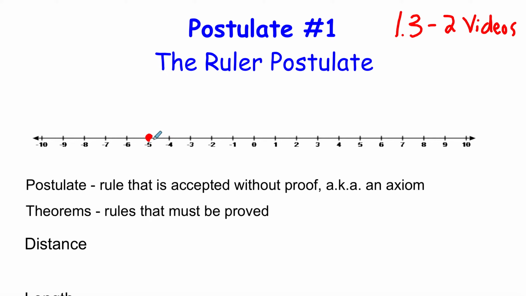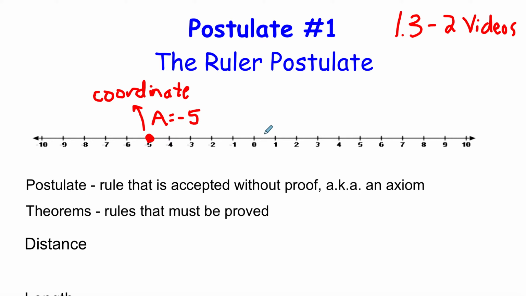I can put a point at a number, and I can understand that that point means -5. And then we have a name for that. That is a coordinate. So the coordinate of, we'll call this point A, is -5, right? So the coordinate of point A is -5.